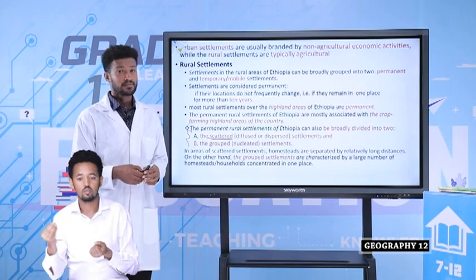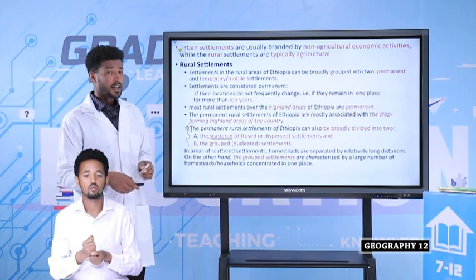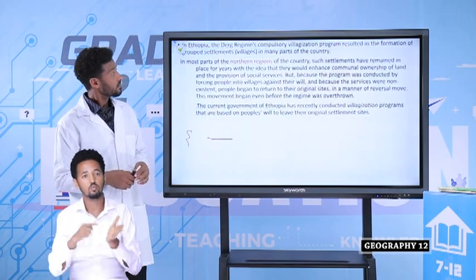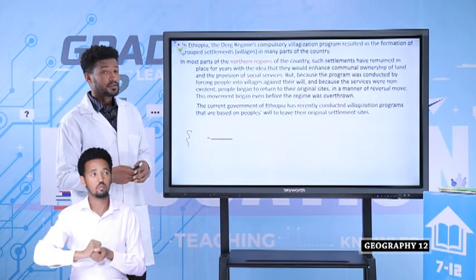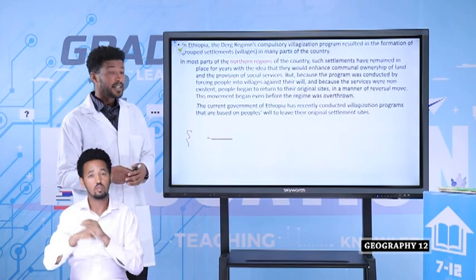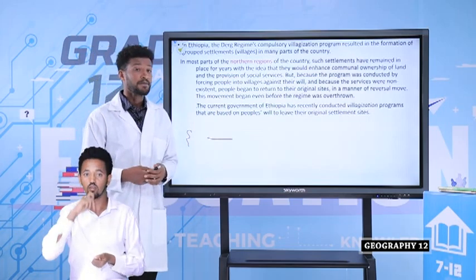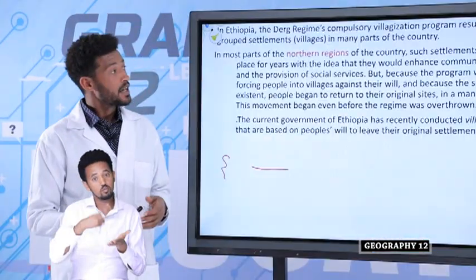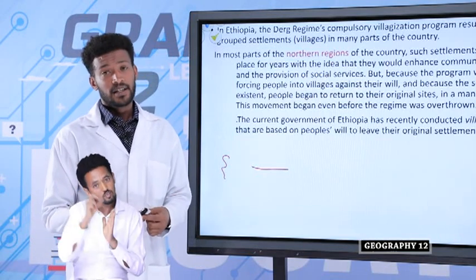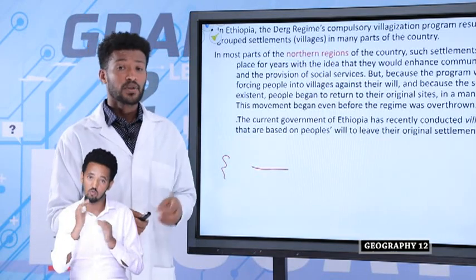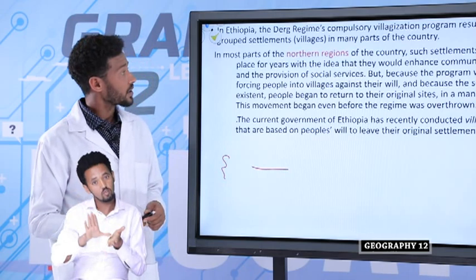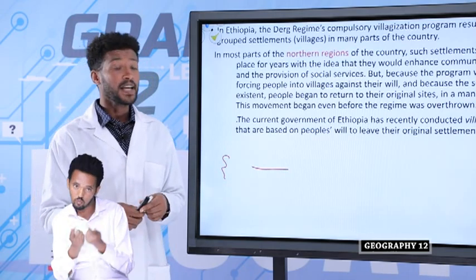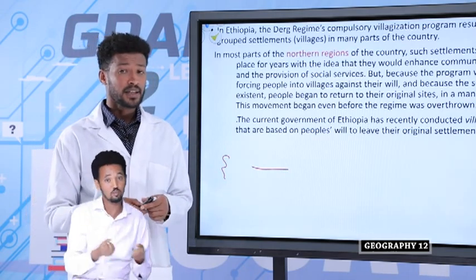Students, let's come to another point. As you know, in Ethiopia, the Derg regime's compulsory villagization resulted in the formation of rural settlements, or grouped settlements or villages, in many parts of the country.